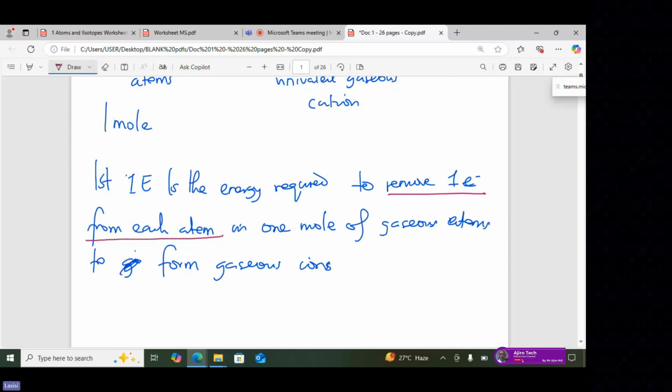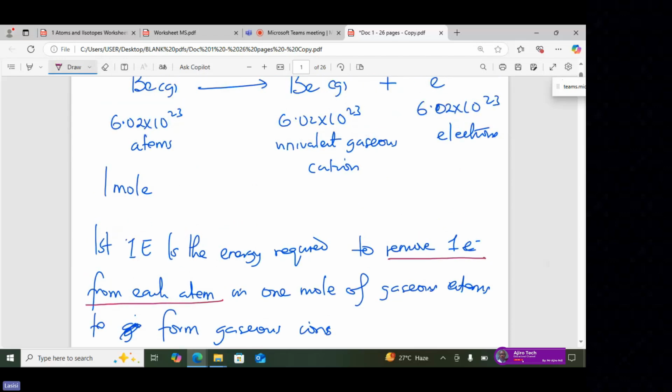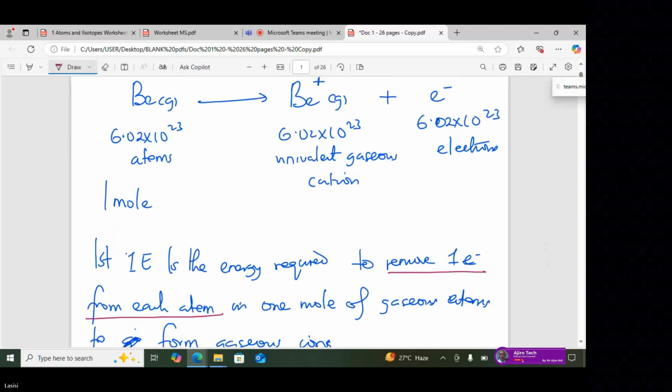Each atom loses one. All of them lose one mole of electrons. All of the atoms there, each of them loses one electron. Therefore, all the atoms lose one mole of electrons. How do you understand that? How many atoms are there in one mole? 6.02 times 10 to the power 23.